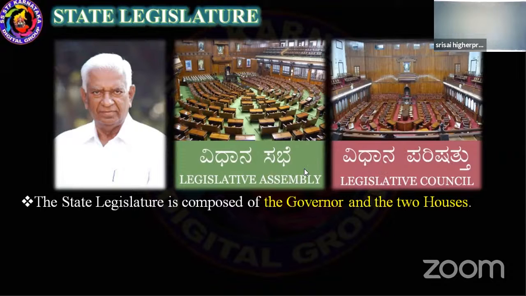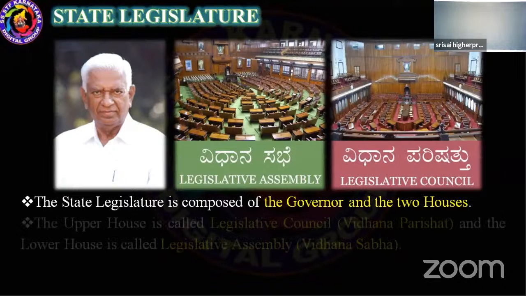Including these 2, it is called bicameral, and with only the Vidhana Sabha or legislative assembly, it is called unicameral. Unicameral means single, bicameral means 2.